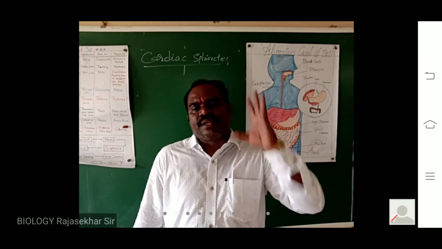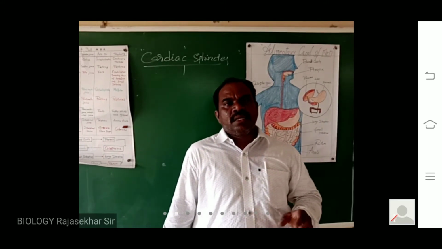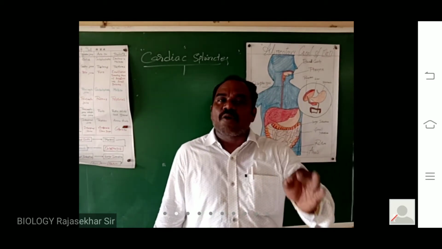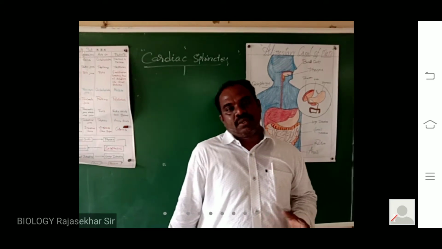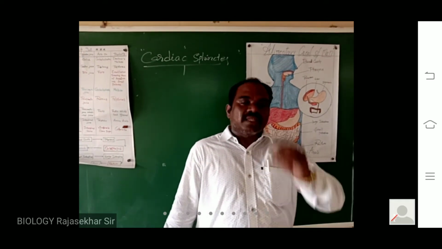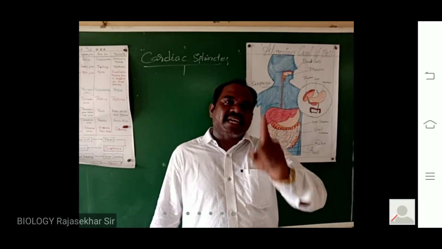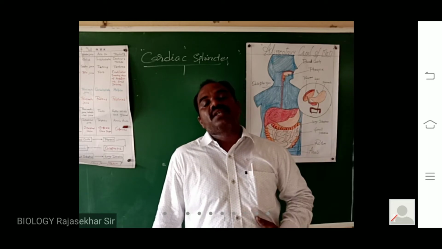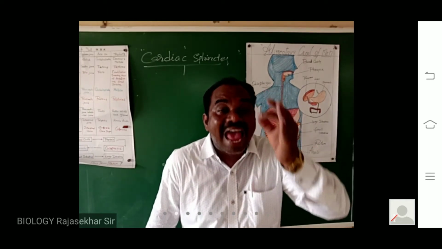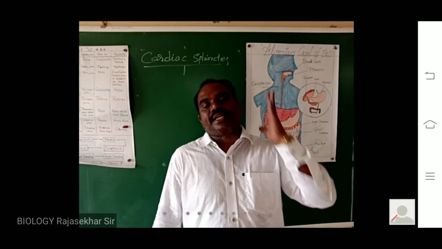carbohydrate digestion does not take place in our stomach, because the responsible enzymes are not present in our stomach. That's why carbohydrates are not digested in our stomach, but in our mouth cavity maximum carbohydrate digestion takes place.